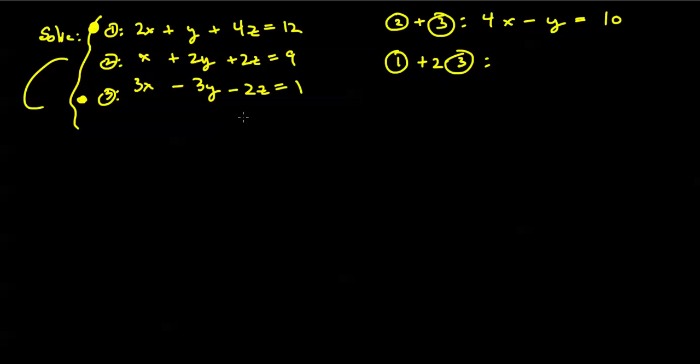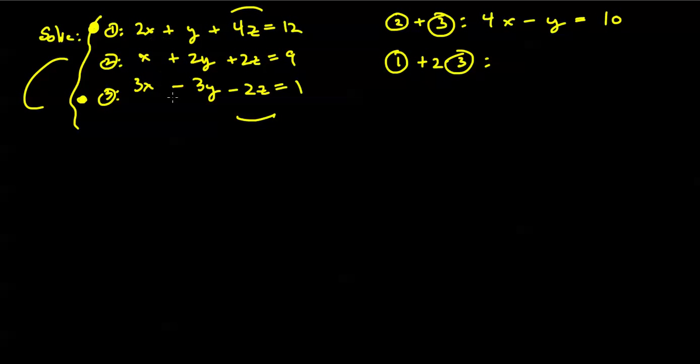Because then 2 times minus 2z is going to give me a negative 4z, and if I add that to a positive 4z, I will get a cancellation of the z variable. Alright, so let me go ahead and do that. Equation 1 plus 2 times equation 3.